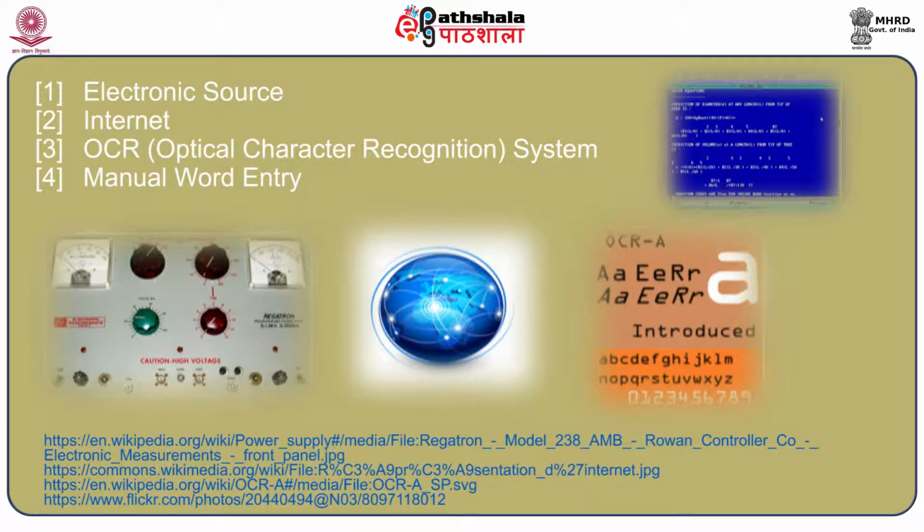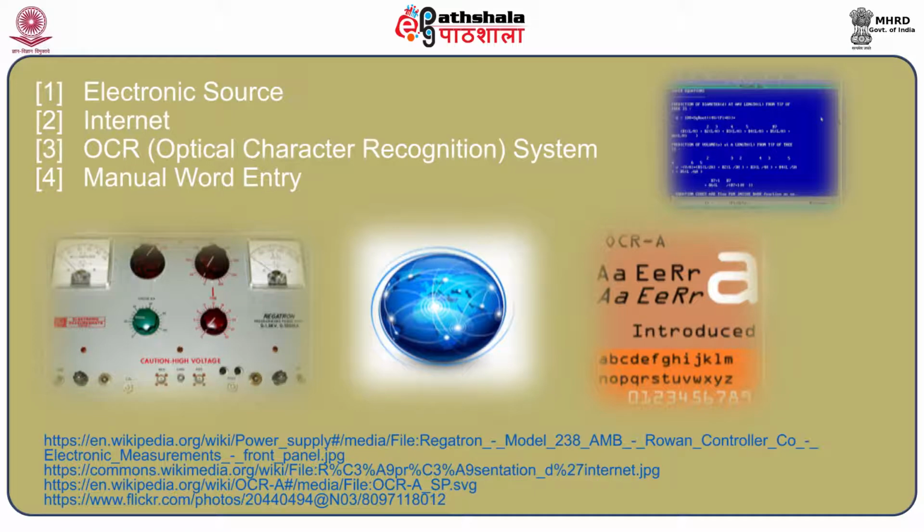The third option was the OCR system, that is, optical character recognition system. It works like this. There is a scanner which scans a particular published page. After it is scanned, the OCR technology is operated. That technology identifies the characters used in the scanned image and converts them into real characters or letters, and converts them into text.